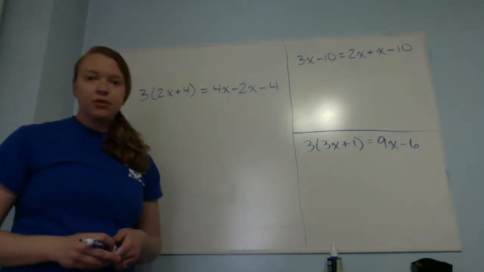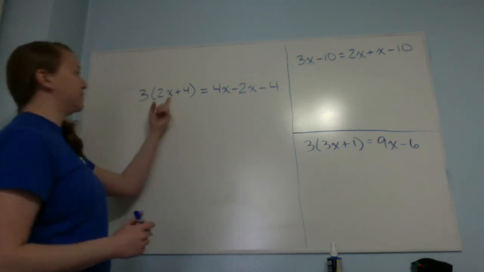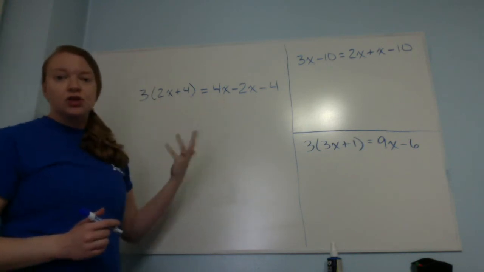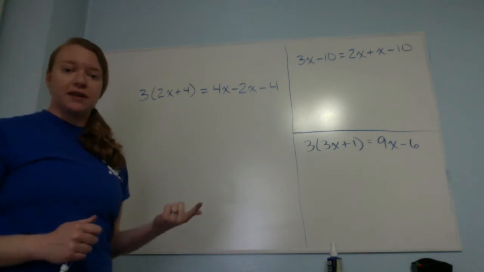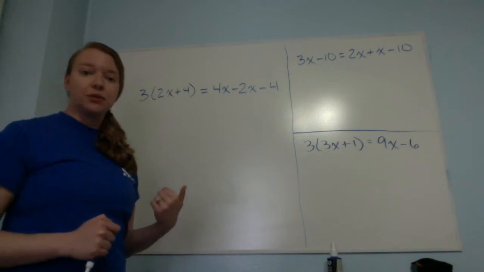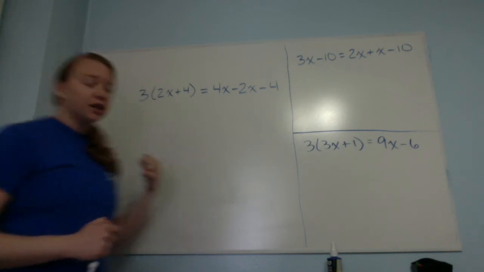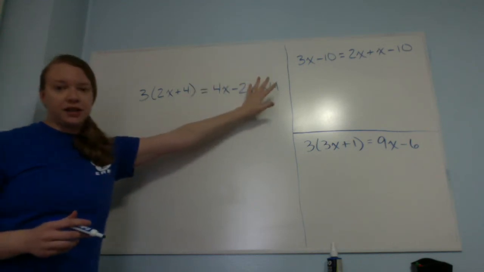Now that we did our multi-step equations, we're going to take it one step further and do our equations that have variables on both sides. So we still have the same steps as far as we always want to check for distributive property first and then combine like terms. But remember that it's only things that are on the same side of the equal sign. So in this example here, I can distribute on this side. I'm not going to worry about this side quite yet.